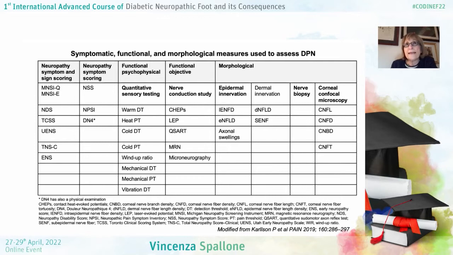How can we evaluate diabetic polyneuropathy? Using neuropathy symptom and signs scoring systems, functional psychophysical tests such as quantitative sensory tests, functional objective tests, nerve conduction study, and morphological tests, skin biopsy and corneal confocal microscopy.